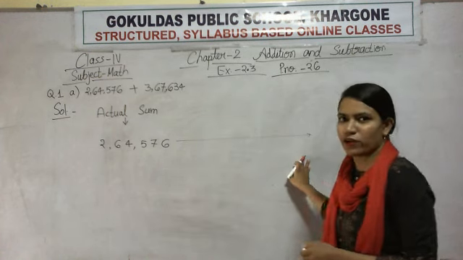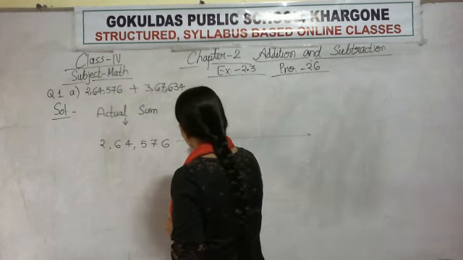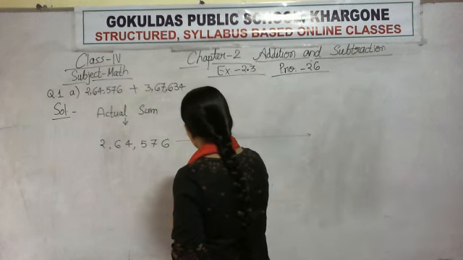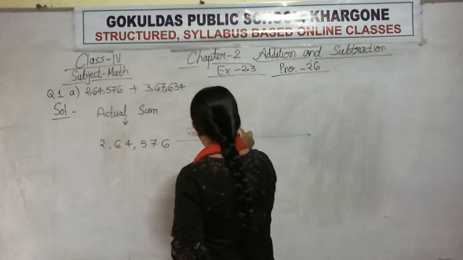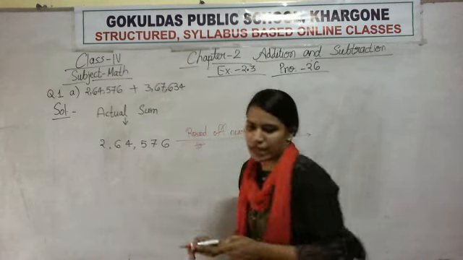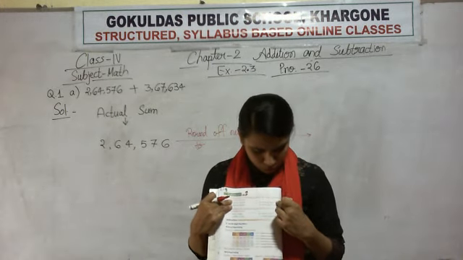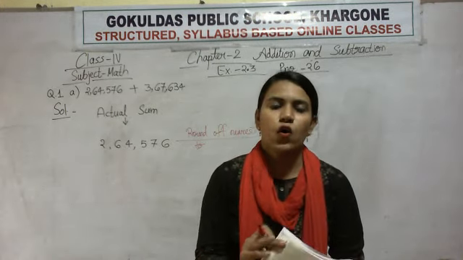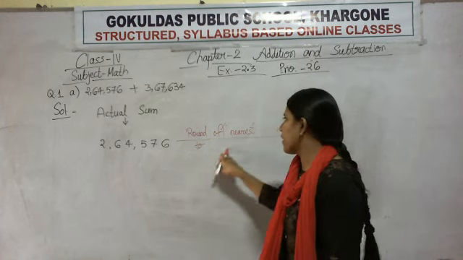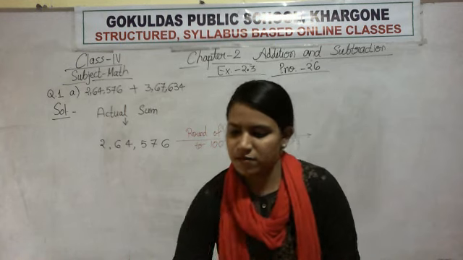Make a straight arrow line. As in your question you have to round off the number to the nearest 100, so on the arrow I am writing round off nearest to 100.